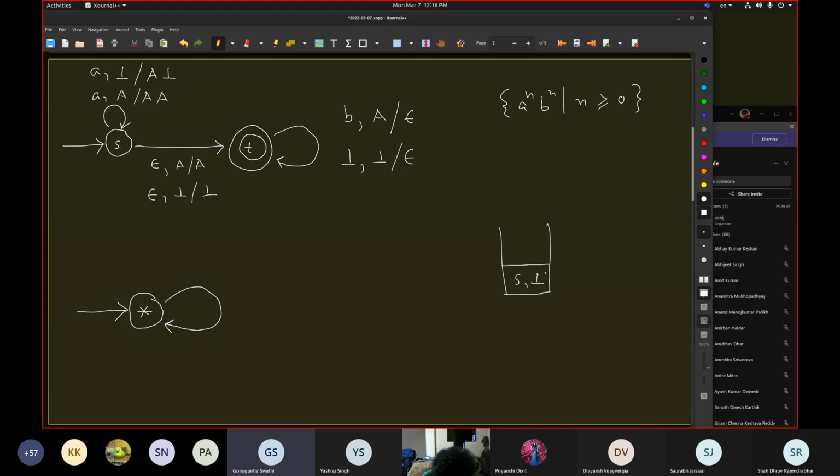Okay. Note that in the start state S, this machine can never pop anything. All the pop things happen in the state T. Okay. Therefore, I should have some transitions like this.